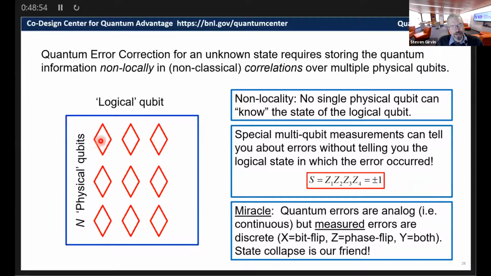It's well understood in classical electrical engineering that you really can't error correct analog devices. But measured errors, remember, are discrete. All measurements yield discrete results. And that saves you. You can figure out what errors occurred. In fact, the active measurement discretizes what error occurred. It's no longer continuous. And that helps you do error correction.